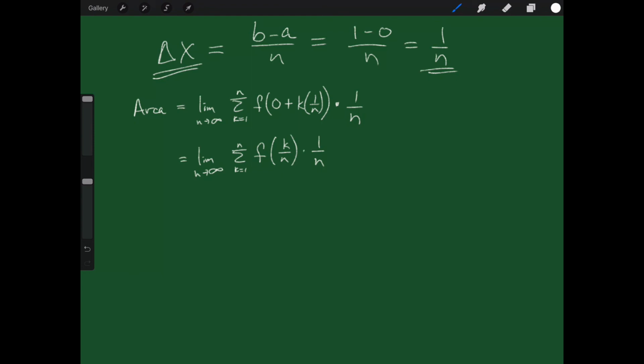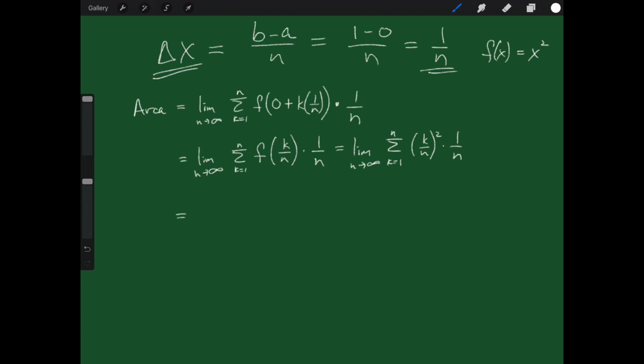Remember, the function here is f of x equals x squared. So if I take f of k over n, I just square it. This is the limit as n goes to infinity of the sum, k going from 1 to n, of k over n squared times 1 over n.